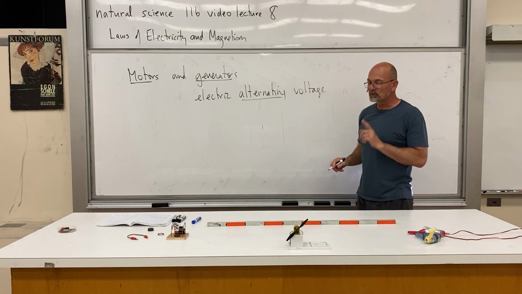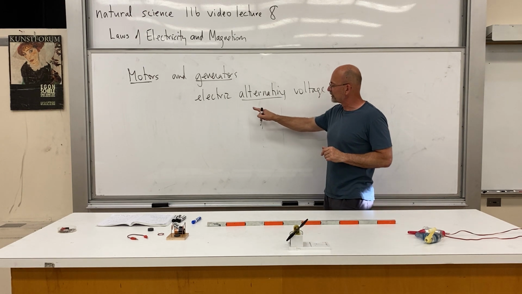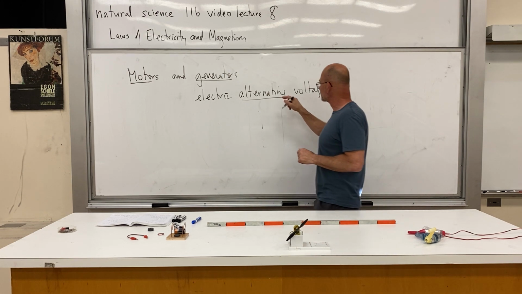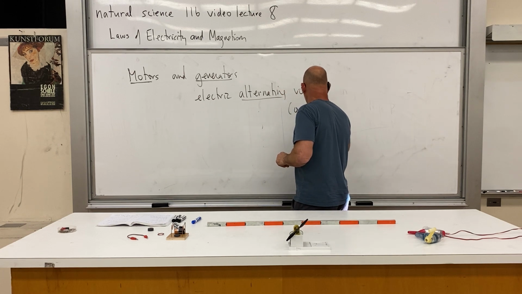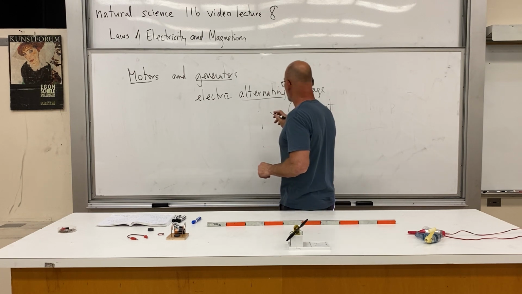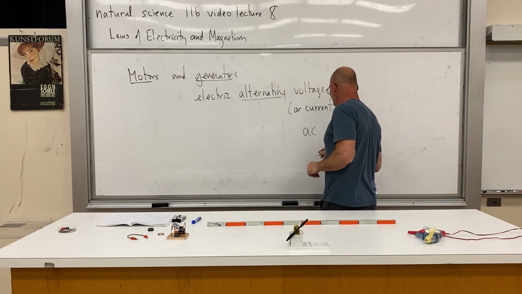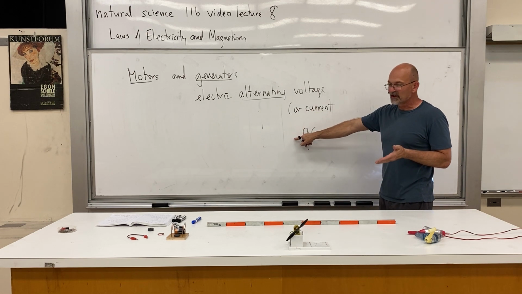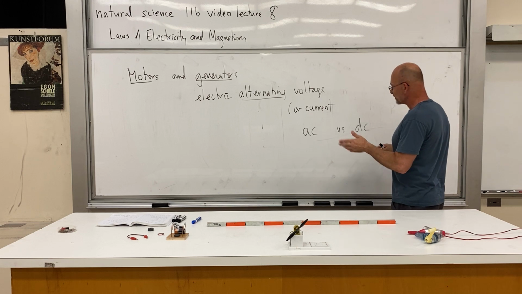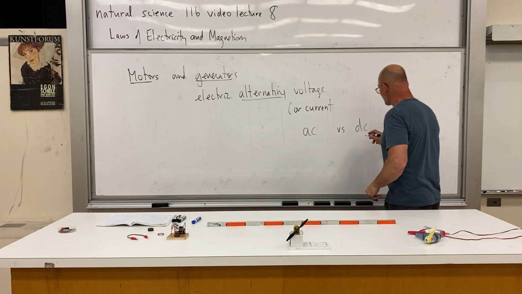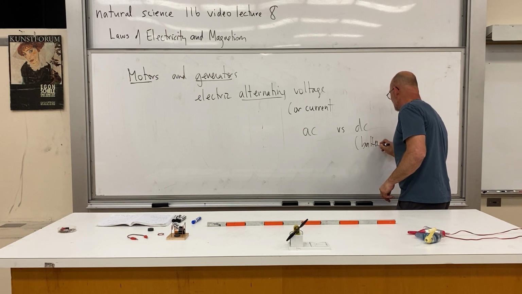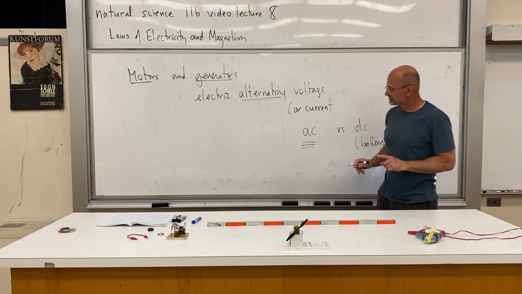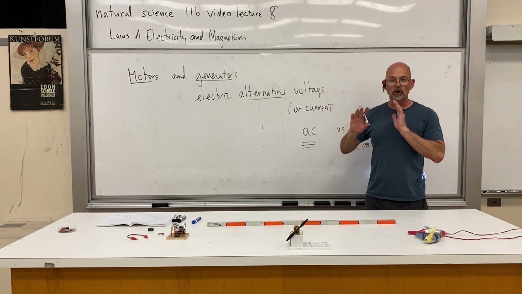Okay. The difference between a battery and our wall outlet is the difference between direct current DC and alternating current AC. So alternating voltage or current. So you've got, it's called AC versus DC. This is from your electrical generator where something's been twisted, something's been rotated, turned. DC would be from a battery. Okay. Now this is really important when we think about generation of large scale power.